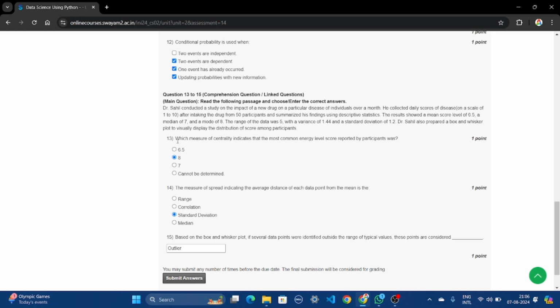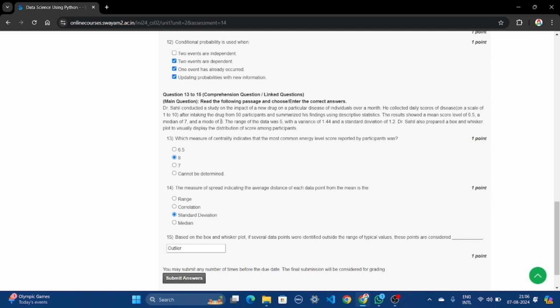So, our question is, which measure of centrality indicates that the most common energy level score reported by participants was? So here the most common energy level means the most frequently occurred energy value. So the most frequently occurred value will be our mode value.